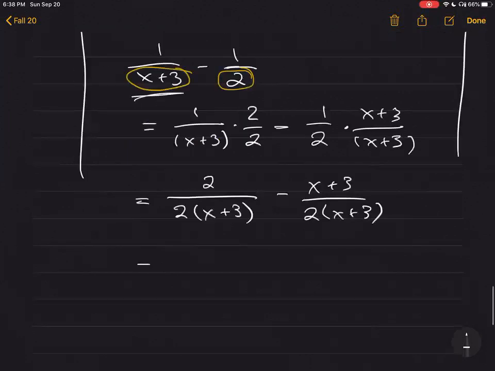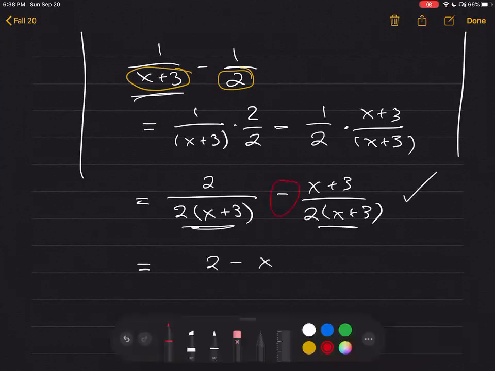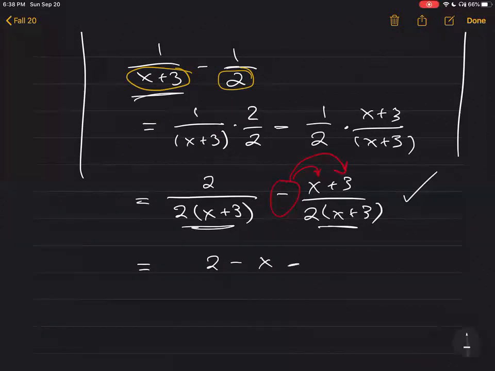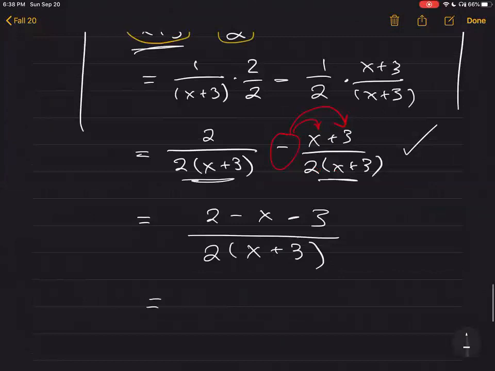And then we have the same denominator now. That's good. So now we can write 2 minus x, and then be careful. This minus sign is going to distribute in to the entire numerator. So this is 2 minus x minus 3 over 2 times x plus 3. And then if we simplify those terms right here, we get negative x minus 1 over 2 times x plus 3.